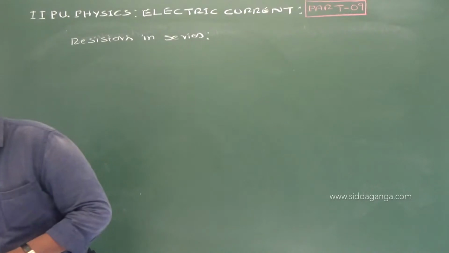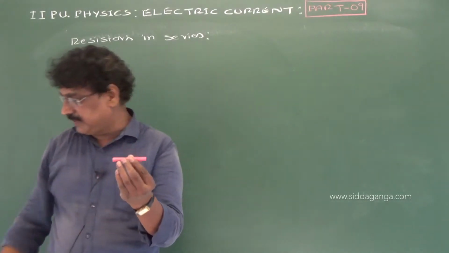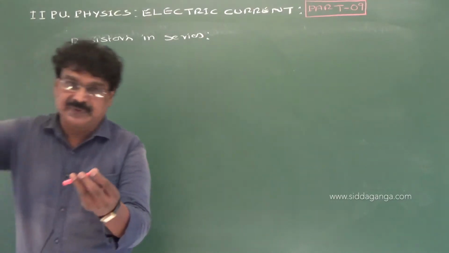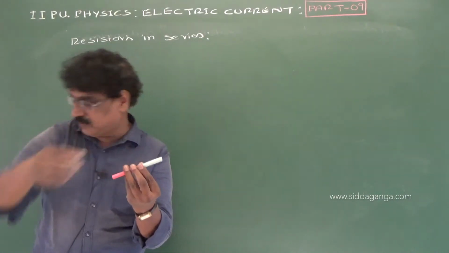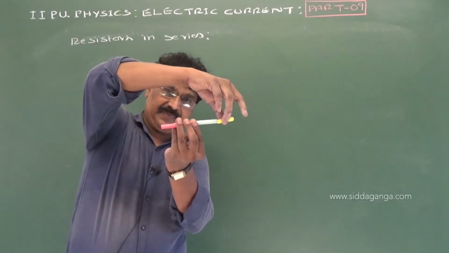It is just like this. This is resistance R1, this is resistance R2, this is resistance R3, right?